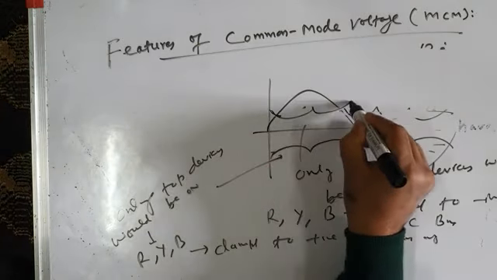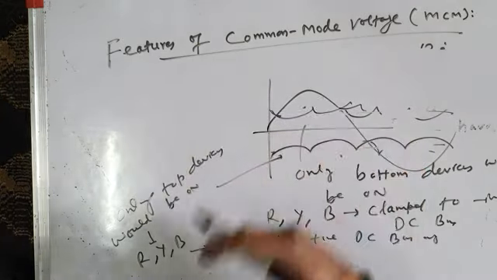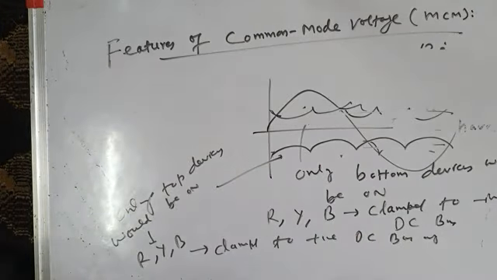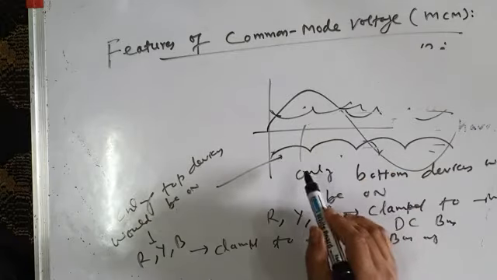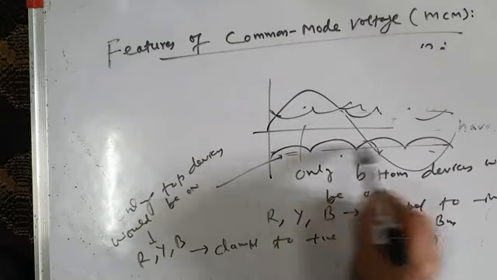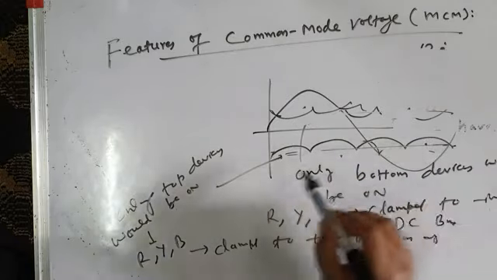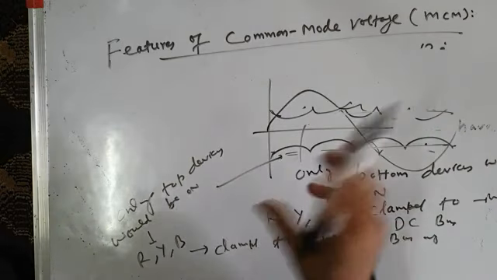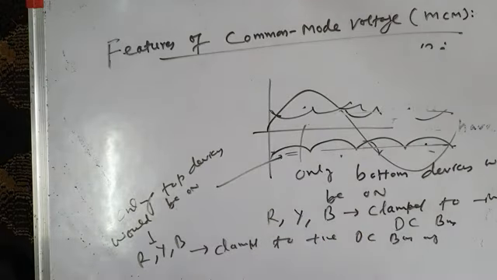With this type of common mode signal, only bottom devices would have been on for maybe 120 degrees, and with this type of common mode signal, which has also an average value, negative average value, not 0 average value, only top devices would have conducted और bottom devices की switching होती, and that would have resulted in unequal distribution or unequal loading of the devices.